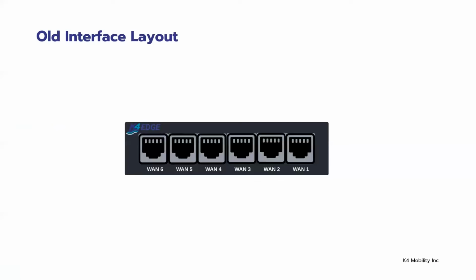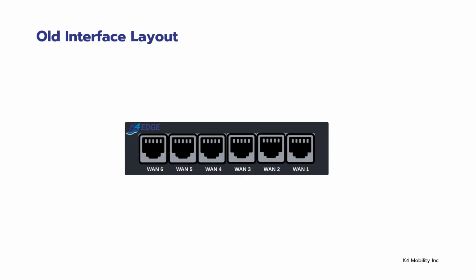So prior to 6.4, the K4 equipment shipped with static interfaces. For example, our Edge Server 2 has 6 built-in Ethernet ports and 2 add-on ports via USB to Ethernet. These ports were fixed, with one port allocated to LAN and the other ports allocated to either WAN or management.